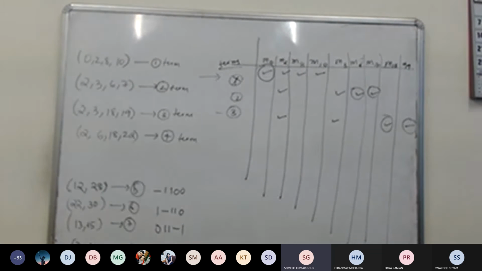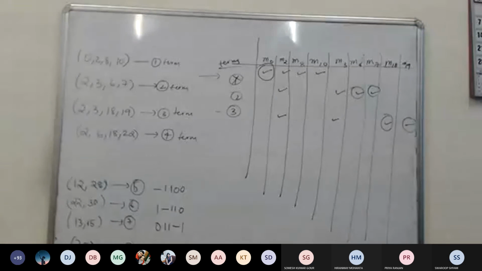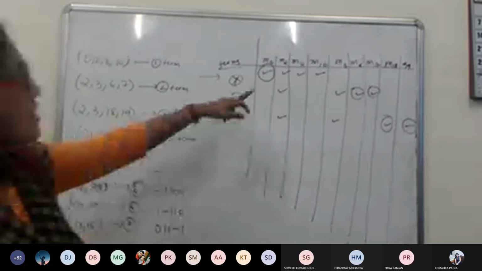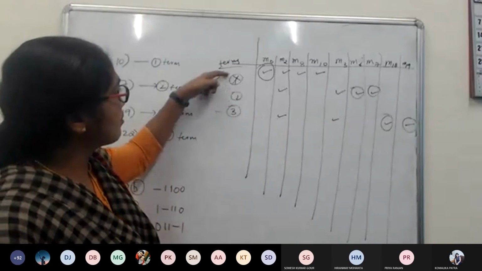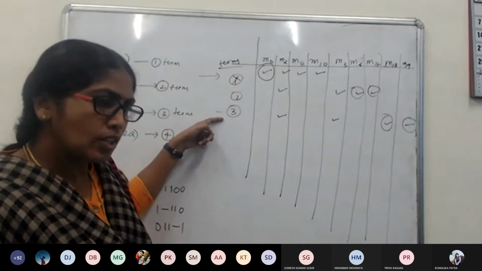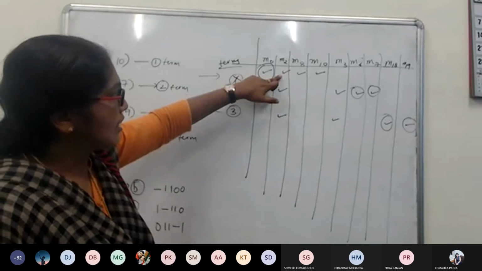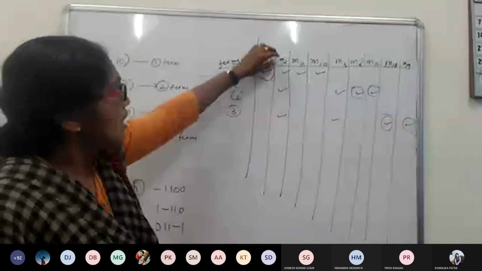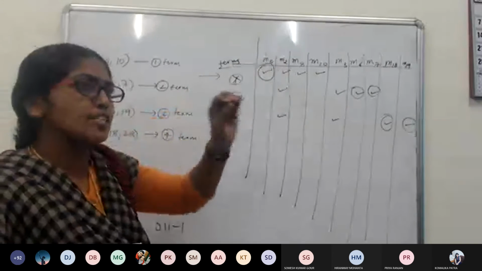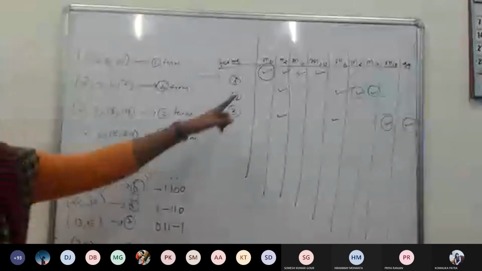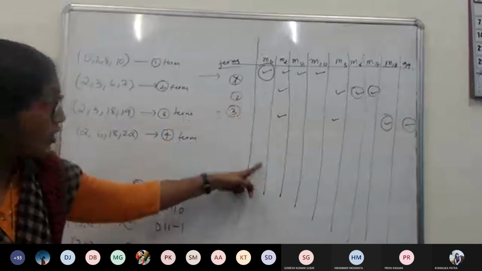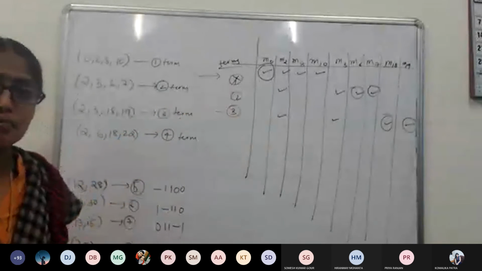Right. So what I was telling is, in this particular example, M2 is covered by three terms. So whether this term or this term or this term, in any of the terms, this min term is being portrayed. But in this situation, no other term is bearing this min term.